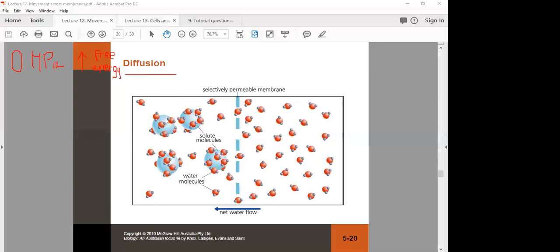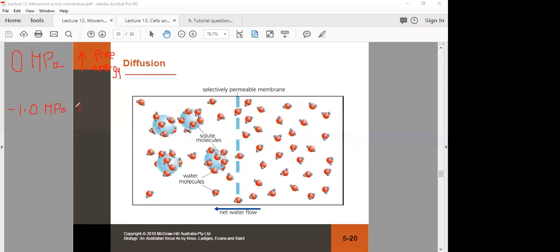Because these water molecules are interacting with the solutes, they have less free energy. So we can say, for example, that the free energy of water on that side of the membrane will be lower than the maximum amount of free energy. It might have a value of negative 1 megapascals.